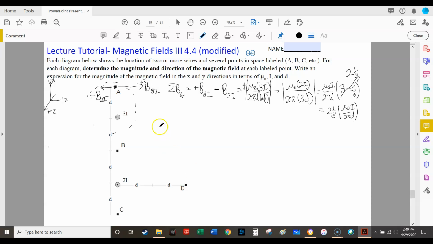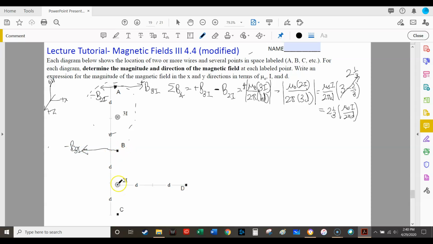All right, let's do B. Let's do the B field here at part B. Well, the 3I current, pointing my thumb into the page, is going to be creating a magnetic field to the left. I'm going to draw a longer magnetic field. It should be the same size as this one up here, but it'll just be to the left.